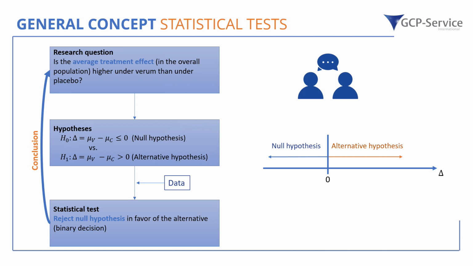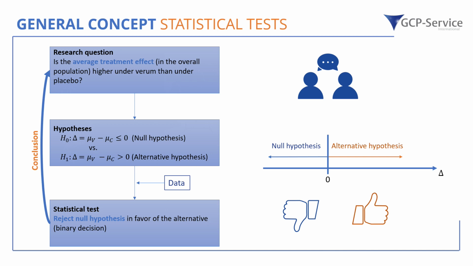And as the null hypothesis is not true, the alternative must be true. Therefore, the null hypothesis could be rejected, and therefore the alternative should be accepted. And this is what we want to show.